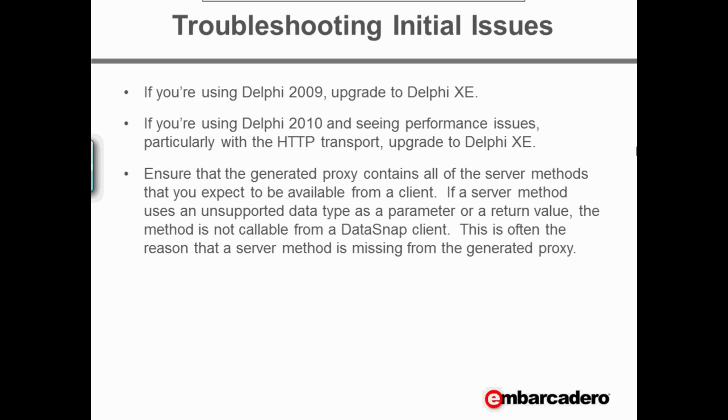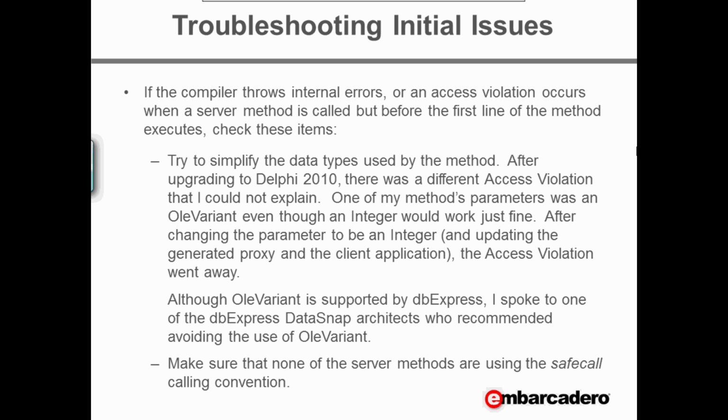As I mentioned, ensure that the generated proxy contains all the server methods you expect to be available. If the compiler throws internal errors or access violations occur when a server method is called, but before the first line of the method executes, so if you were looking at the CPU view, that's between the list of parameters, the function definition, and the begin statement, try to simplify the data types, the parameters that are used by the method.